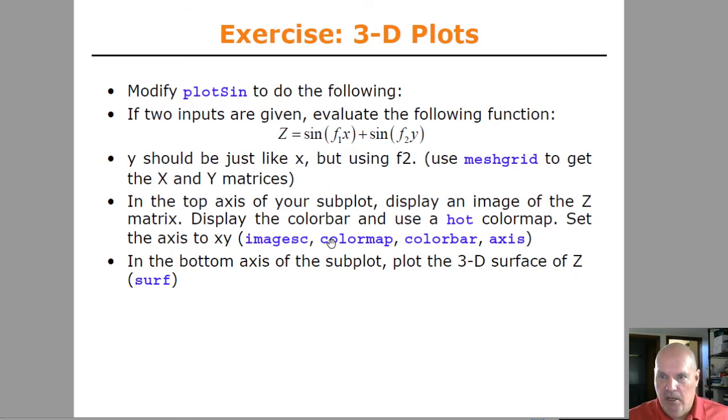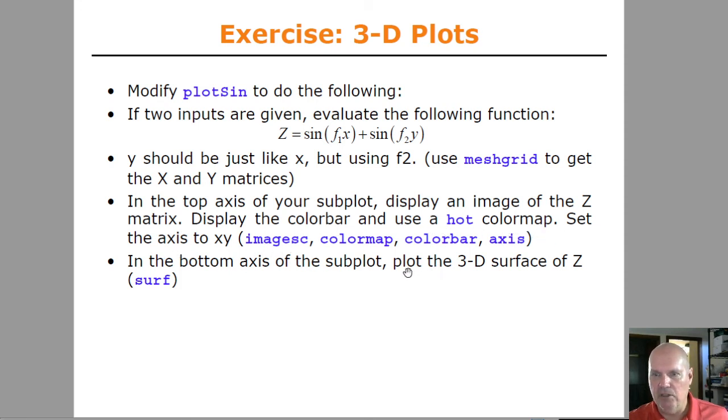Okay. So here's another exercise: modify plotsine to do the following. If two inputs are given, evaluate this XY function and plot it. Y should be just like X, but using F2 instead of F1, and then display an image of the Z matrix in the top of the subplot, display the color bar, and use a hot color map.